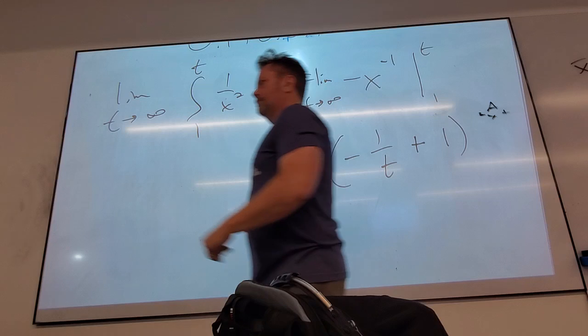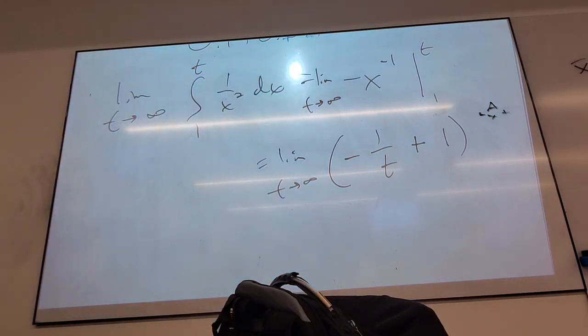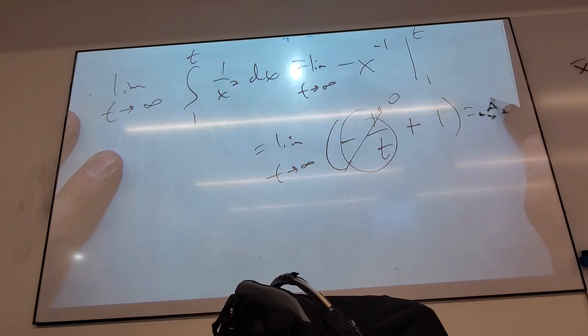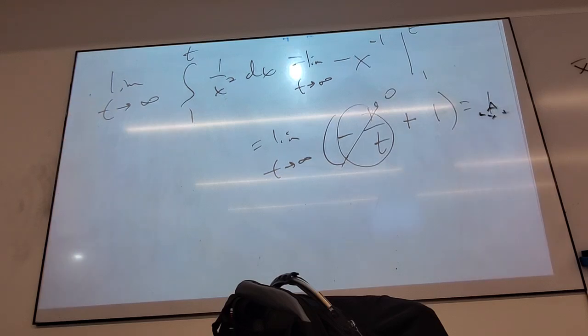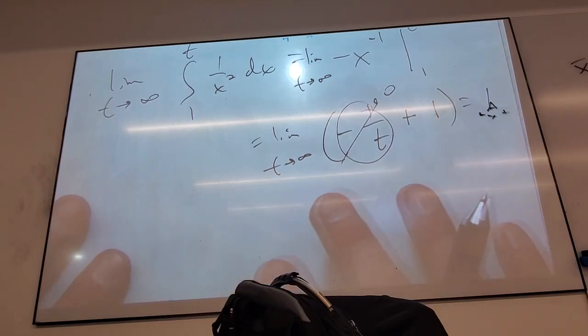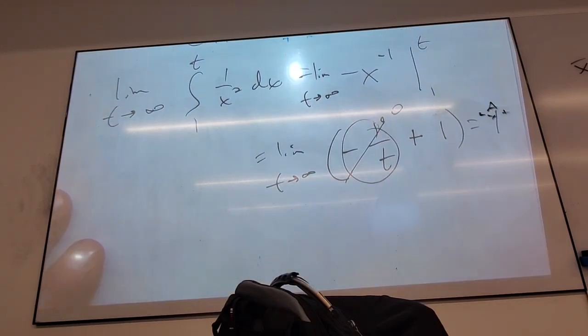What's this go to if I let t go to infinity? 0. So what do I get? 1.